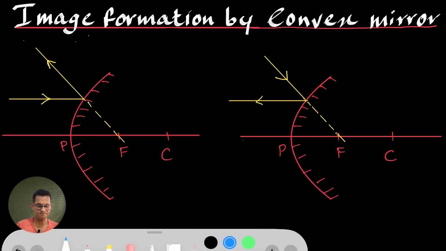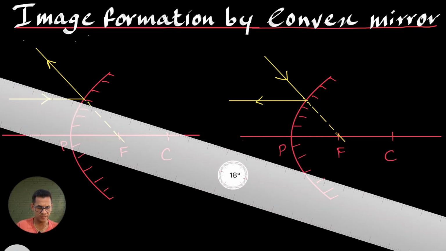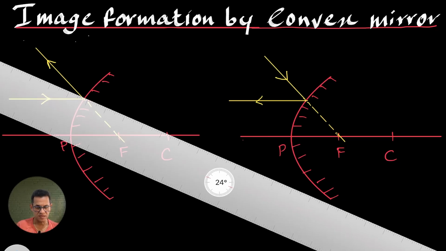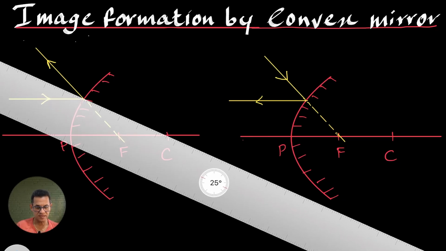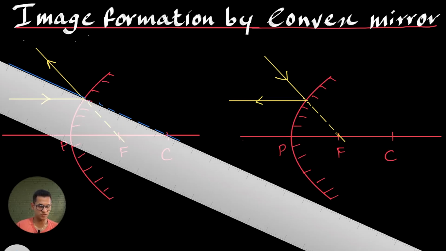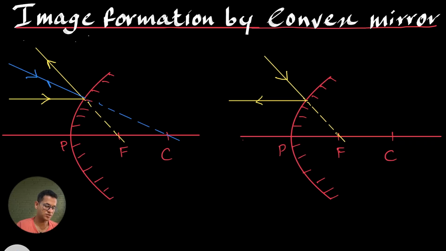The third rule is quite simple. If a light ray appears to pass through center of curvature, something like this, then it will reflect back in the same direction.